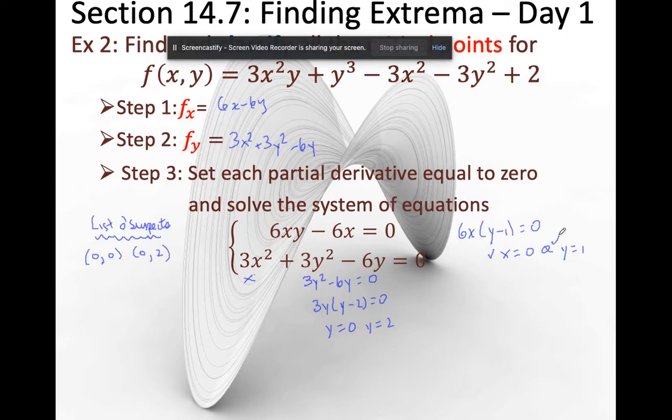But I still have to check when y is equal to 1. So when y is equal to 1, 3x squared is still 3x squared, plus 3 minus 6 is equal to 0. That's 3x squared minus 3. So add 3 to both sides. So when y is 1, x was either positive 1 or negative 1. So I have a list of 4 suspects.